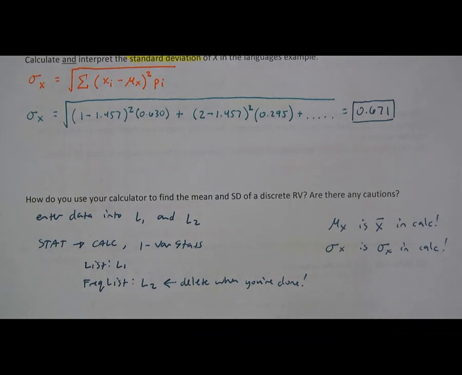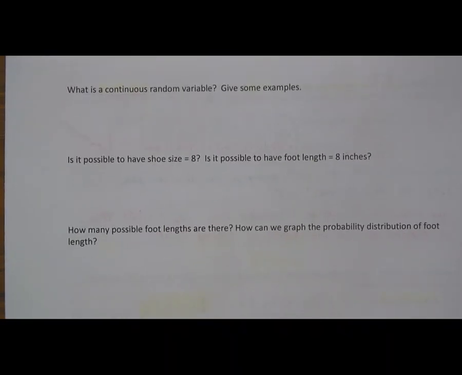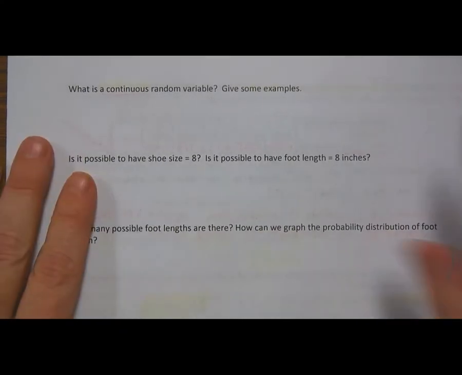All right. So everything I've shown you thus far has been about discrete variables. Now we're going to see how we deal with continuous variables on the last page of the notes. So all of that was about discrete. Well, what is continuous, and give some examples.